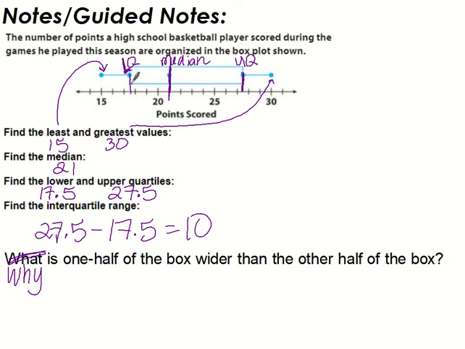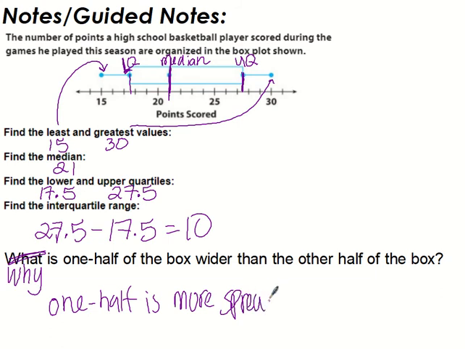If we look, this box is definitely smaller than that box, and what they want to know is why is that? That's because one half is more spread out than the other half.